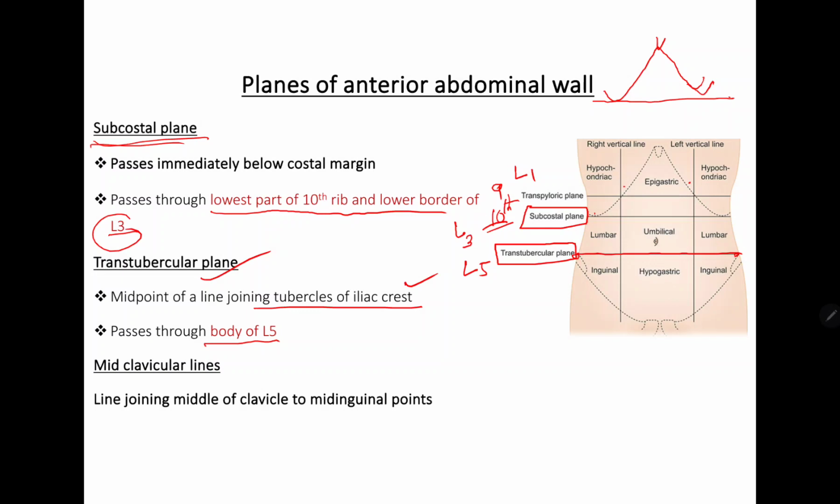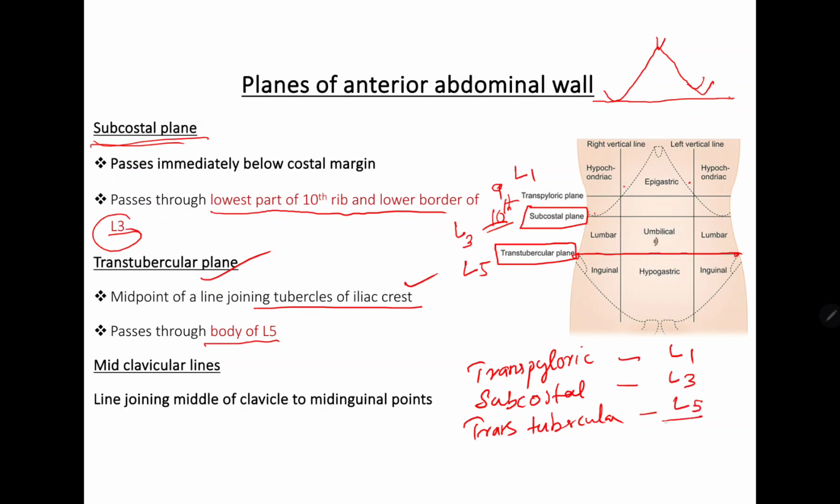So we have three transverse planes: the transpyloric, the subcostal, and the transtubercular. Easy to remember the vertebral levels: L1, L3 and L5. Remember this one.